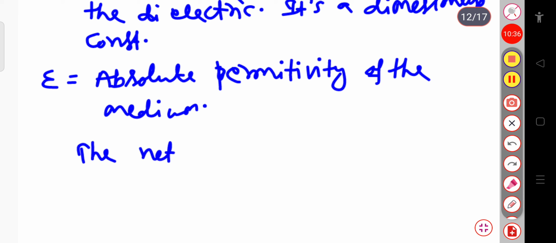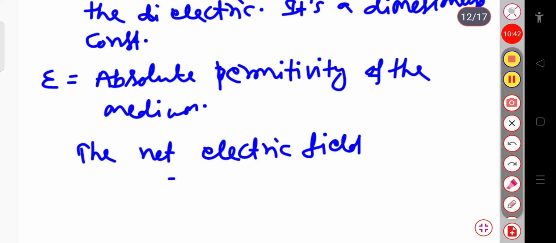The net electric field E will be equal to E naught minus EP.